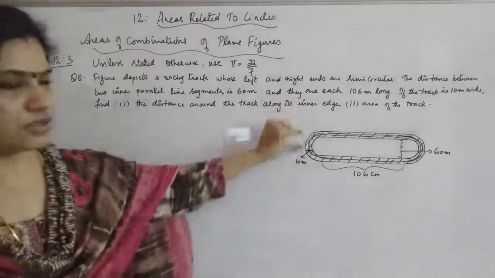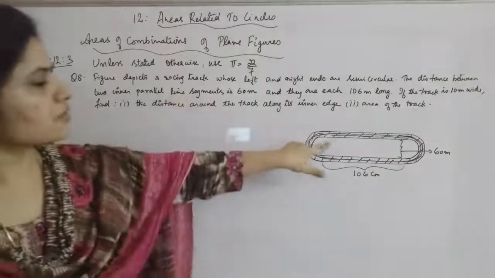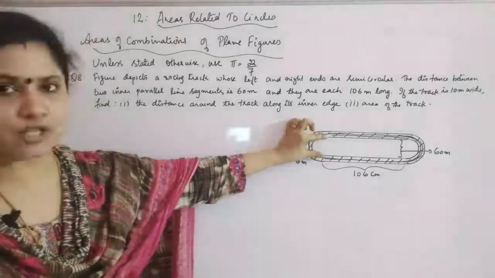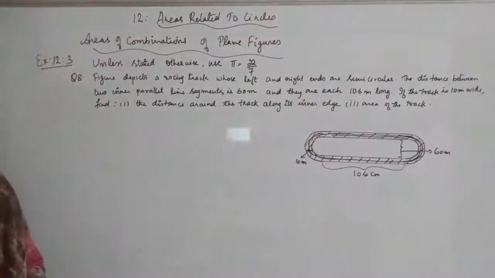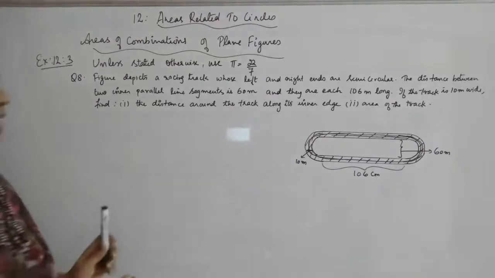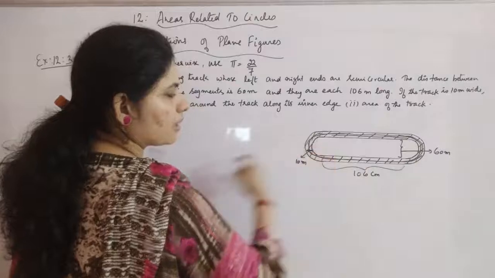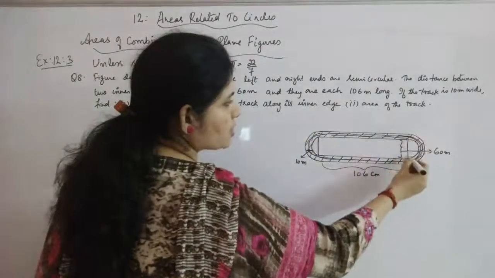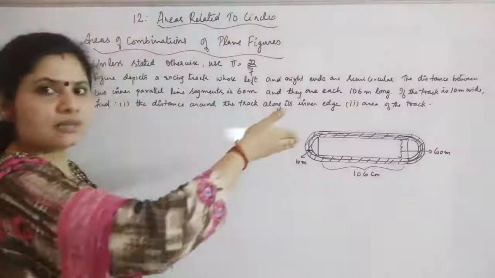This is the track, racing track, and in between the parallel line segments you have 60 meter gap. So this is given to be 60 and they are each 106 meter long, means the parallel track. Since here you have semicircular shape, till this portion you have the length to be 106, remaining is the semicircular shape.